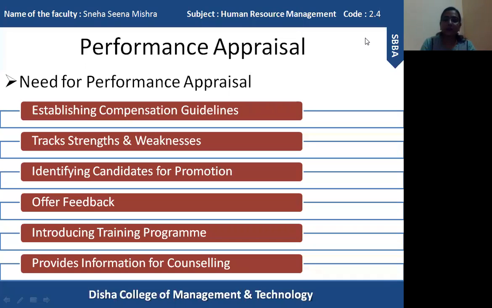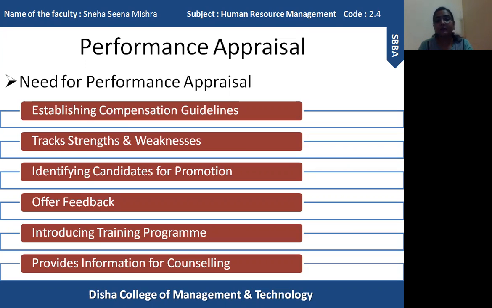So every organization requires performance appraisal. They need it not only from an organizational point of view, but also to motivate the employees, so that the employees can understand to what extent they are contributing towards the success of the organization.